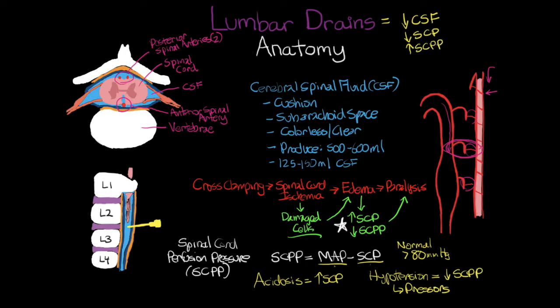And that is the whole goal in having patients with the lumbar drain post-op, so that we can monitor that pressure and drain CSF fluid in order to ultimately give us a good spinal cord perfusion pressure, allowing perfusion to get to the spinal cord, preventing complications, and hopefully preventing paralysis.